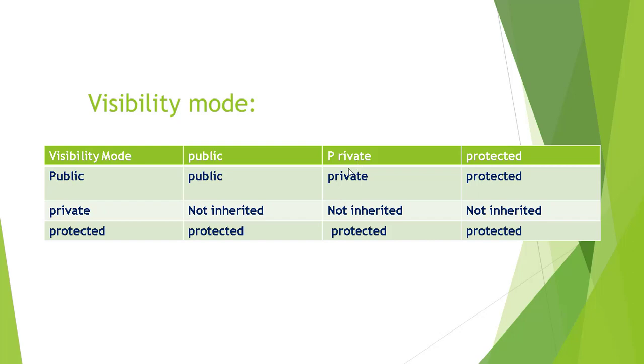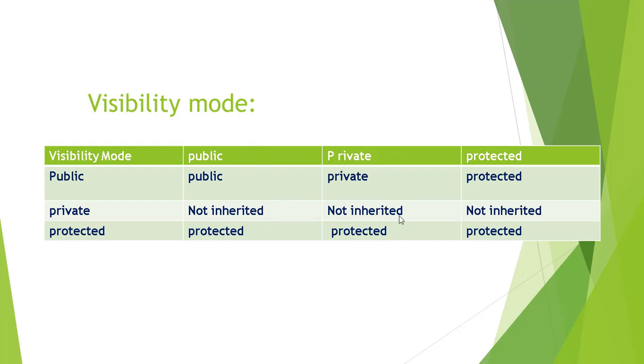Then the last one is protected inheritance. In case of protected inheritance, the public members of the base class will become protected members in the derived class. The private members are not inherited and the protected members will stay protected in the derived class.